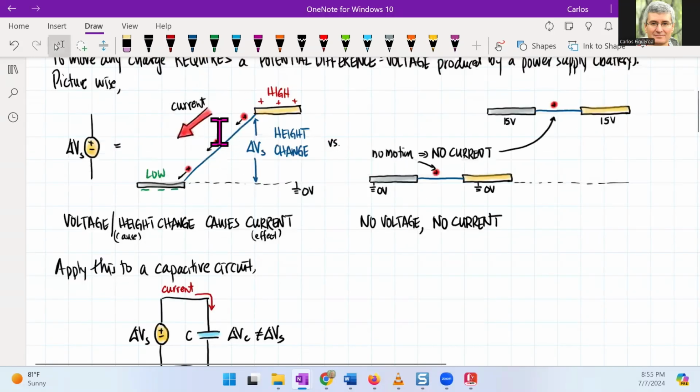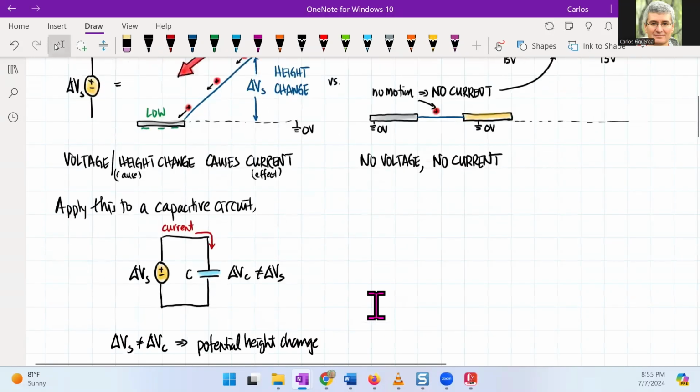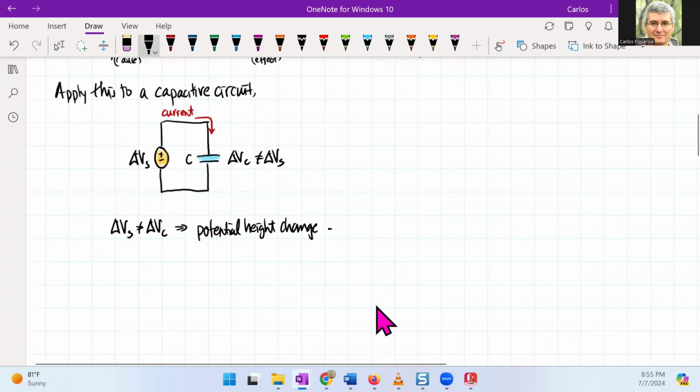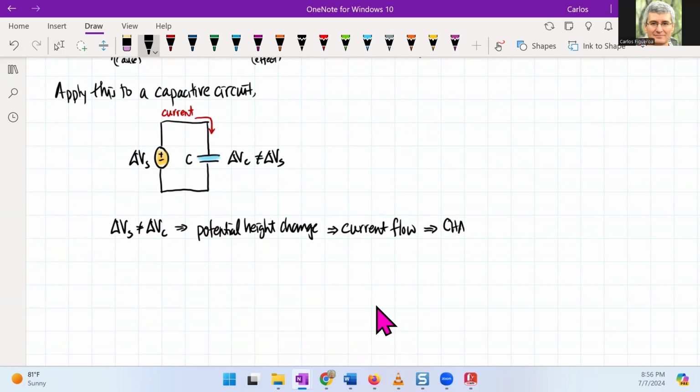In other words, we're talking about this circuit right here. If that's the case, then I'm going to have current flow. So charges will move, and as a consequence, we then say that now we are charging a capacitor.